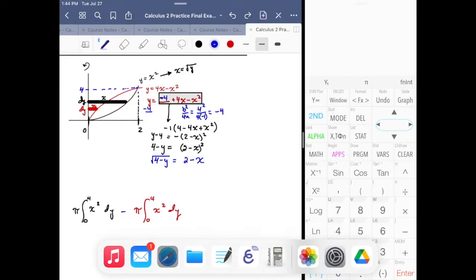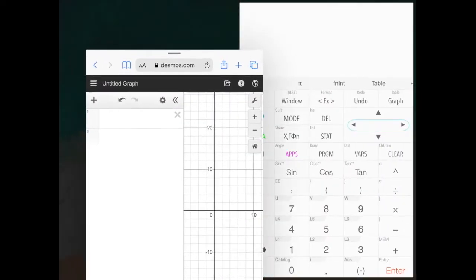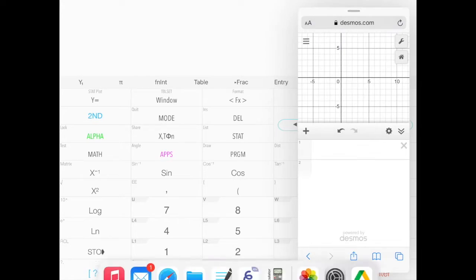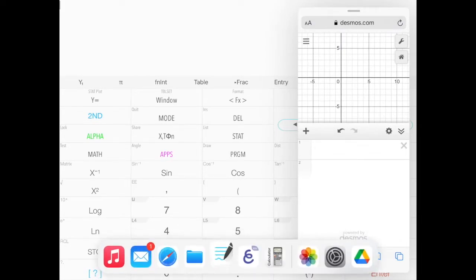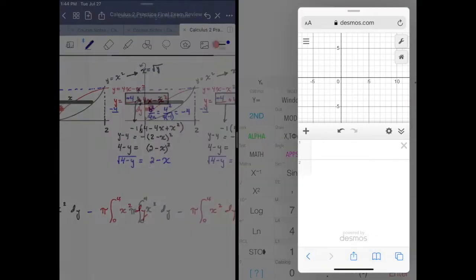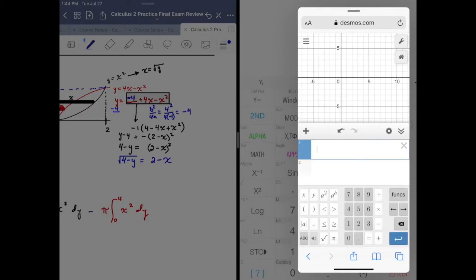Bringing up my Desmos calculator. Just do it this way. Try to do it as a floating kind of thing here. So I'm looking at y equals x squared originally.